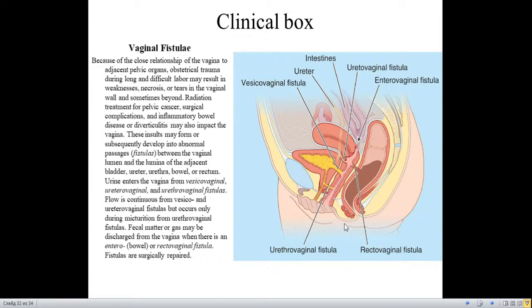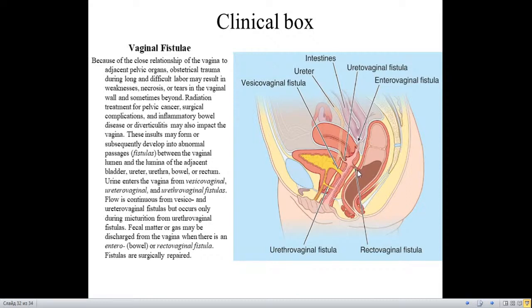One more thing, vaginal fistula. A fistula is an abnormal channel in our body. And actually, due to topography, the vagina has relation to all surrounding structures like the urinary bladder, urethra, which is found in front of it, or the rectum, which lies behind it. And sometimes due to complicated labor or something else, abnormal communications appear. They are known as fistulae.